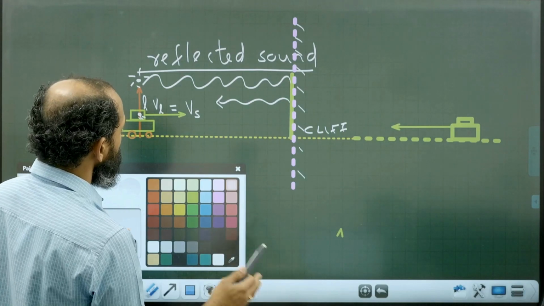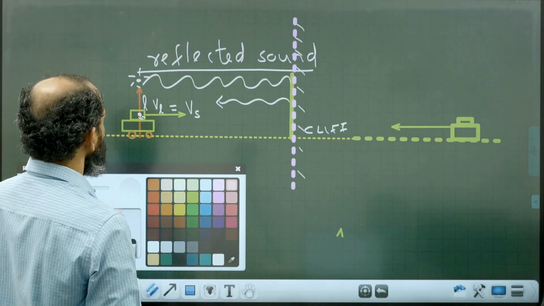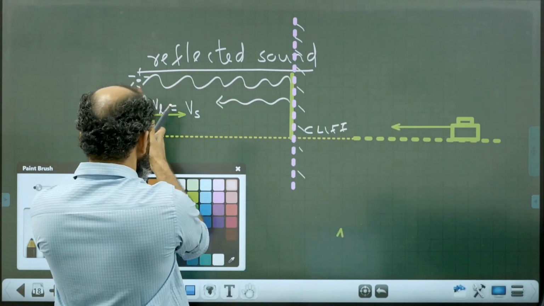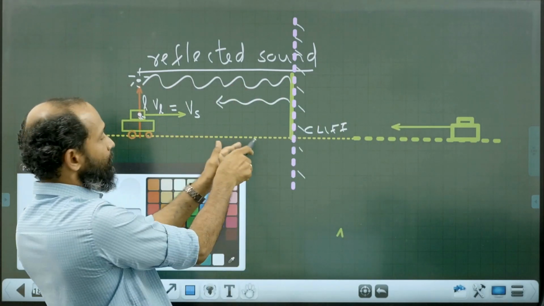Then you can develop the equation. That means the source is approaching, and the listener is also approaching the cliff.